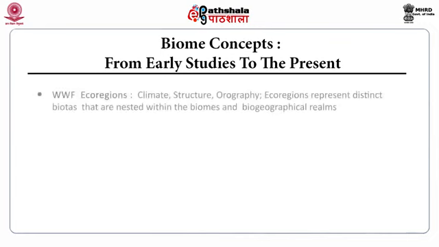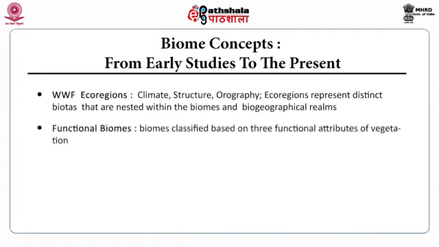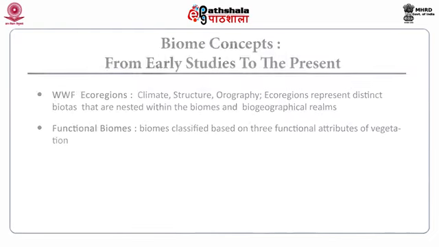The WWF ecoregions take into consideration climate, structure and orography. Ecoregions represent distinct biotas that are nested within the biomes and biogeographic realms. The functional biomes are classified based on 3 functional attributes of vegetation.